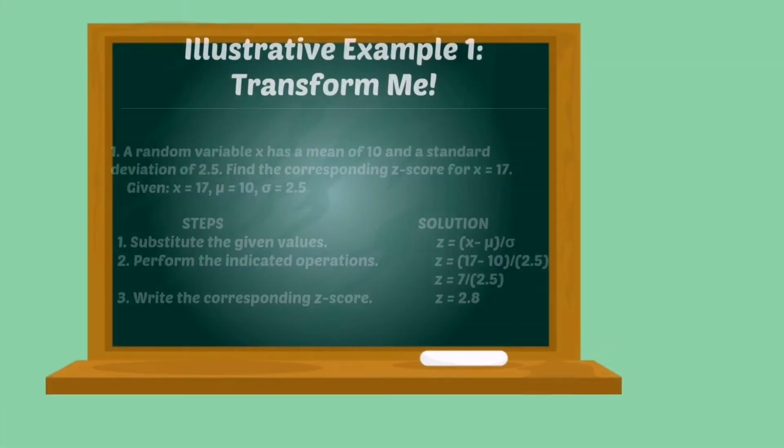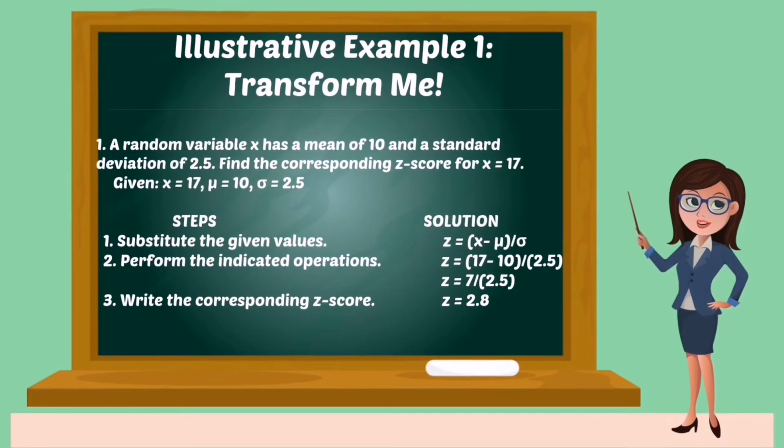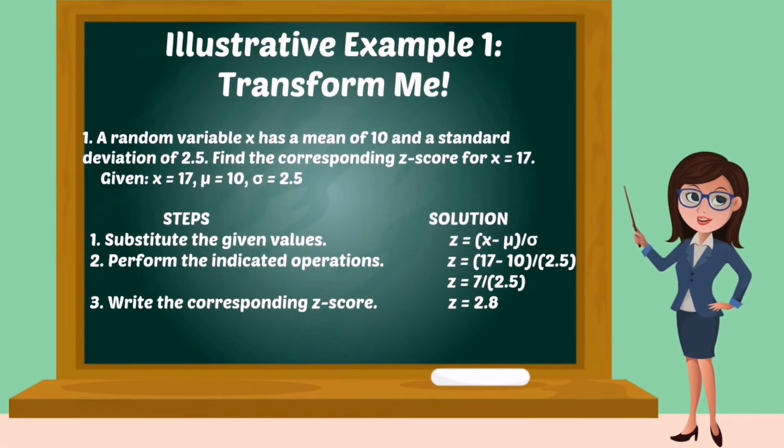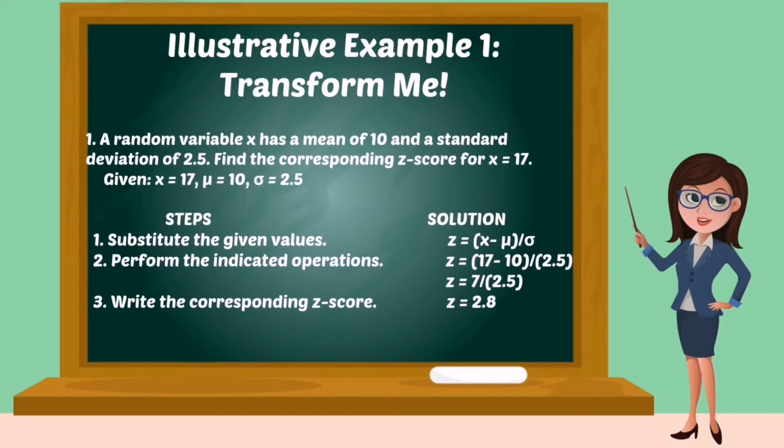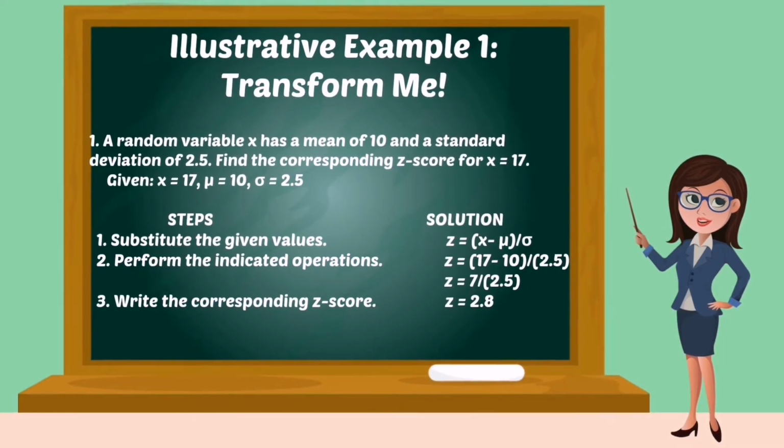We have z is equal to x minus mu over sigma. Let us now try example number 1. A random variable x has a mean of 10 and a standard deviation of 2.5. Find the corresponding z-score for x is equal to 17. Let us follow the steps to solve. Given x is equal to 17, mu is equal to 10, and sigma is equal to 2.5.